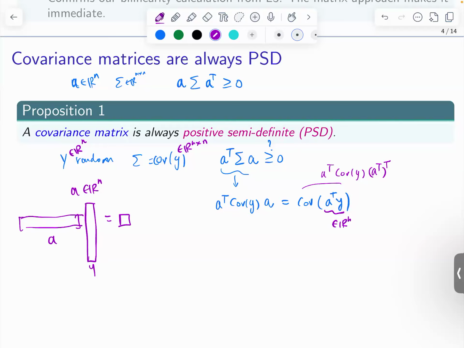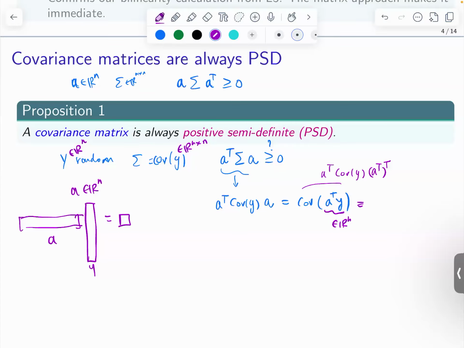And so the covariance matrix of a scalar, what is it? A scalar is technically a 1-by-1 matrix, so it has a covariance matrix. It's a square, so 1-by-1 is a square matrix.